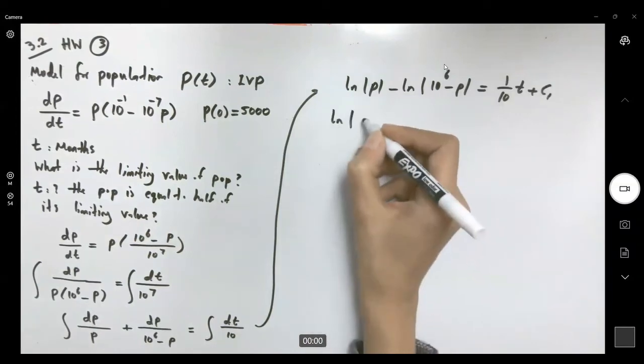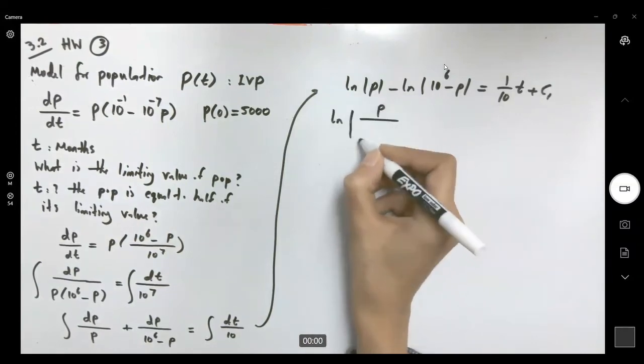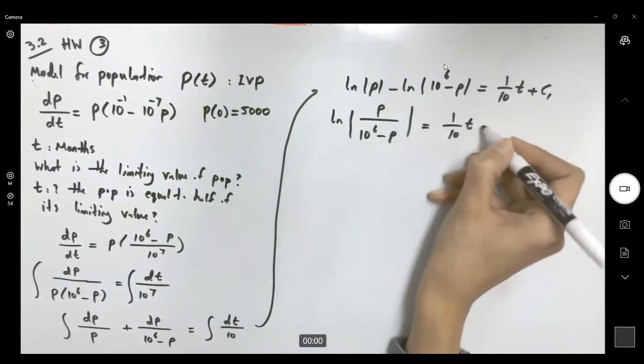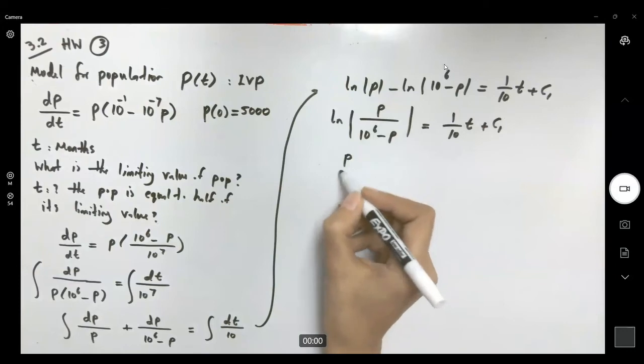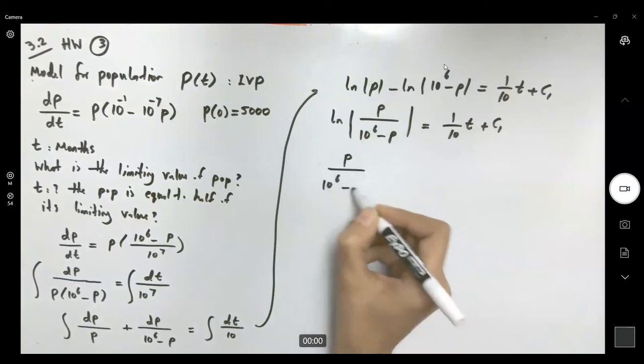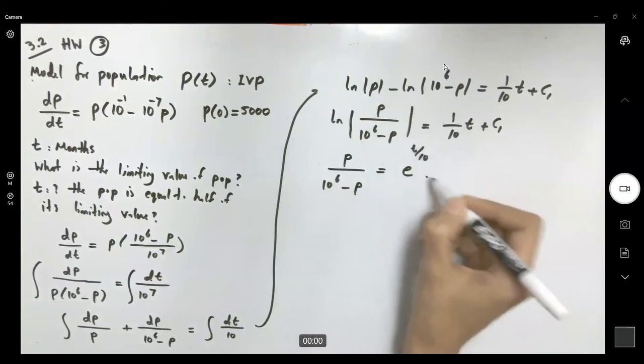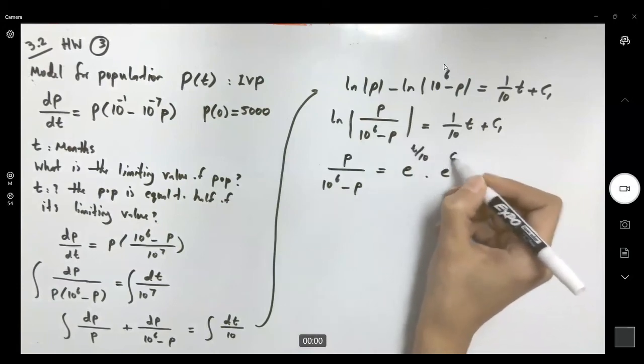So ln of the absolute value of P divided by (1 million minus P) is 1/10 t plus c sub 1. So P over (1 million minus P) is e to the t over 10 times e to the c sub 1.